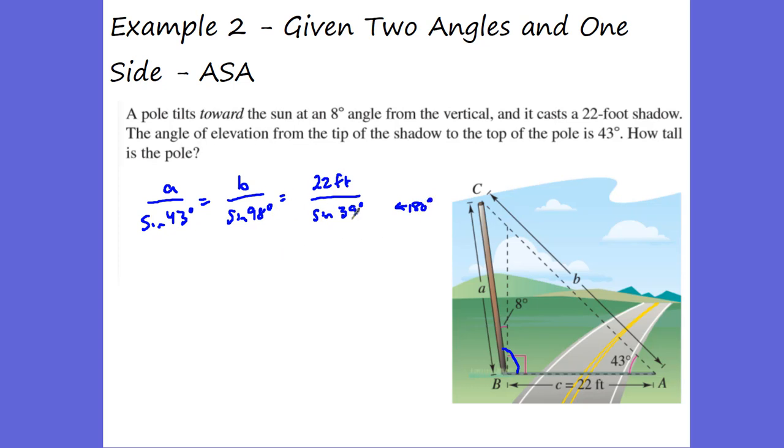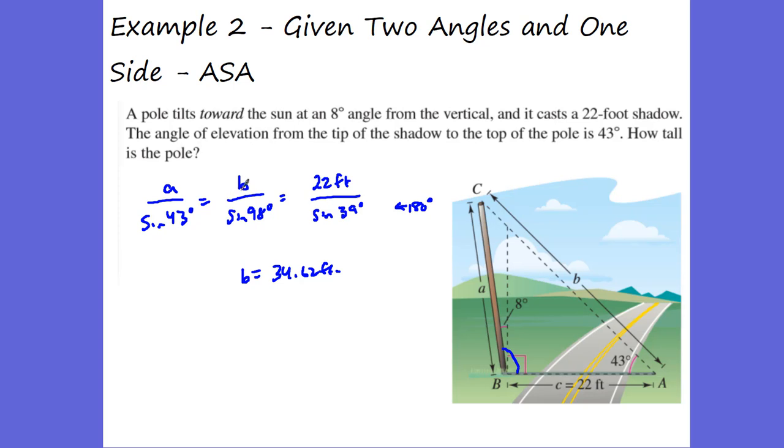Now I can do some cross multiplying to find my leftover sides. I do 22 times sine of 98 divided by sine of 39, and I end up getting side b to be 34.62 feet.